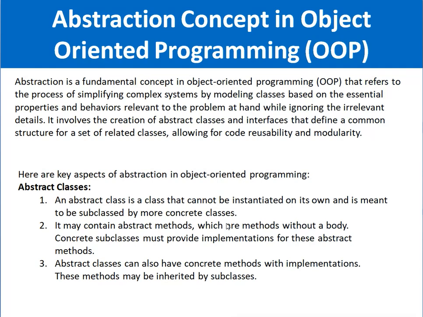Basically, abstraction refers to the process of simplifying a complex system by modeling classes based on the essential properties and behaviors relevant to the problem at hand while ignoring the irrelevant details. If I explain it in simple words, when we are coding a project, sometimes we have fewer details for something, for example for a class.